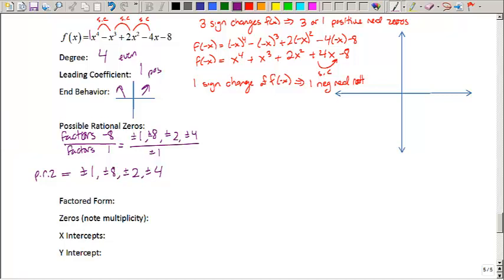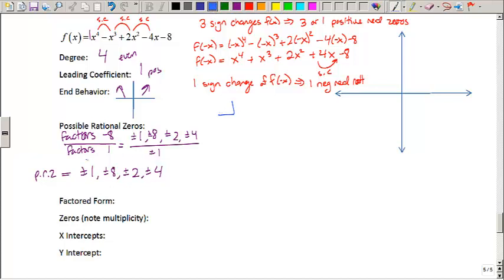Now because you have a possibility of having positive or negative, the choice is up to you about where you start. For me, I think I'm going to start with the negative numbers, because if I find one negative root, then yay, I'm done. I can't have any more than one. So once I find the one, I'll stop using negatives. So the choice is up to you, but I think we'll go ahead and start with negative.